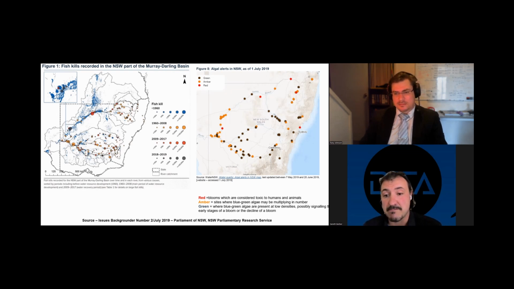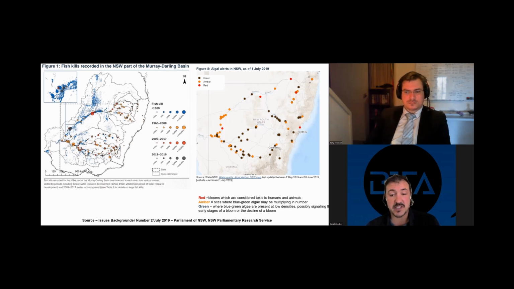Now, if you were to map every single algae event, even just blue-green algae in the same time period, I wouldn't like to imagine what that looks like. Now, the blue-green algae is a symptom of the cause being increased nutrient input into the river system as well as increased sediment. Blue-green algae, as we've discussed, is a cyanobacteria. It can not only feed on waste, but it can also store that waste, and it can also photosynthesize just like an algae.